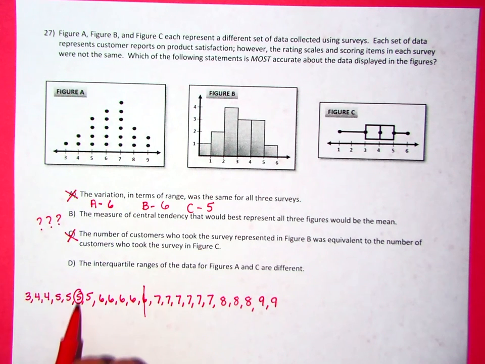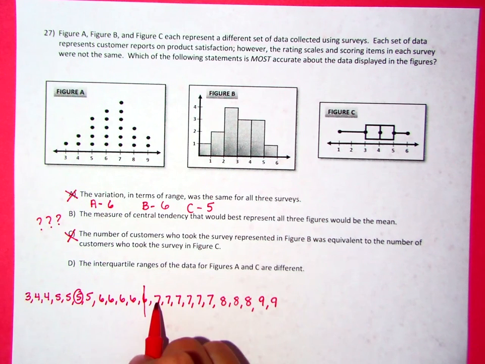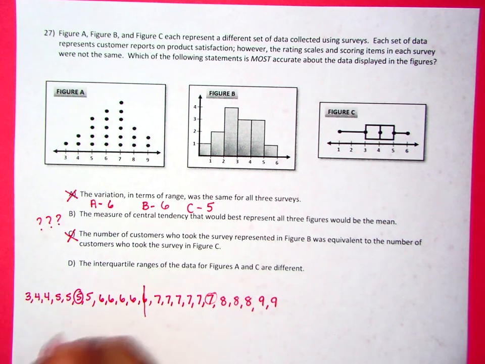So the 6 number here is my quartile, my lower quartile. So what I can do then is count here, 1, 2, 3, 4, 5, 6. This is my upper quartile. We're going to take our upper quartile minus our lower quartile, and our interquartile range for this data set is 2. This is for figure A.